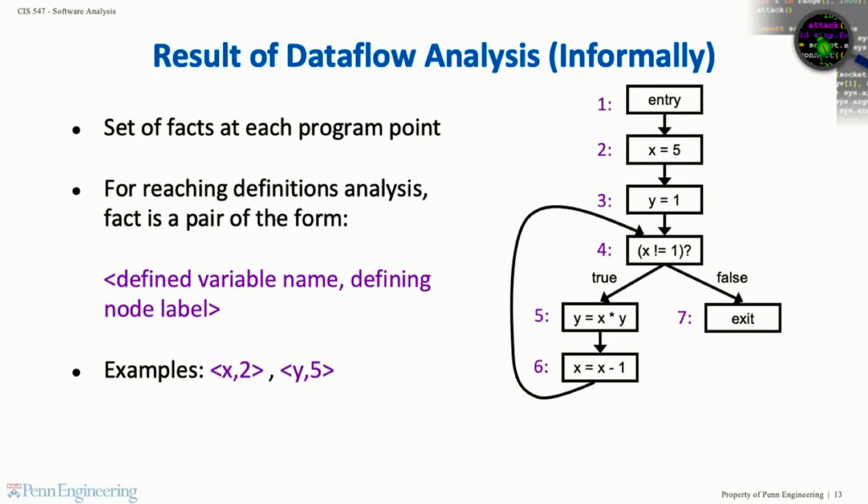For example, the definition of variable x at the node labeled 2 is denoted as the pair x, 2. And the definition of variable y at the node labeled 5 is denoted as the pair y, 5.